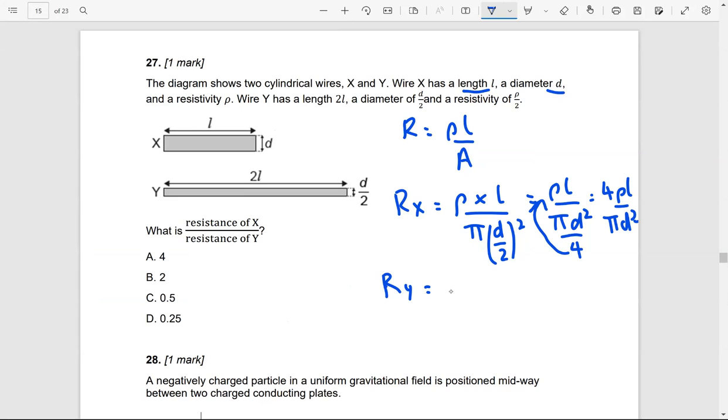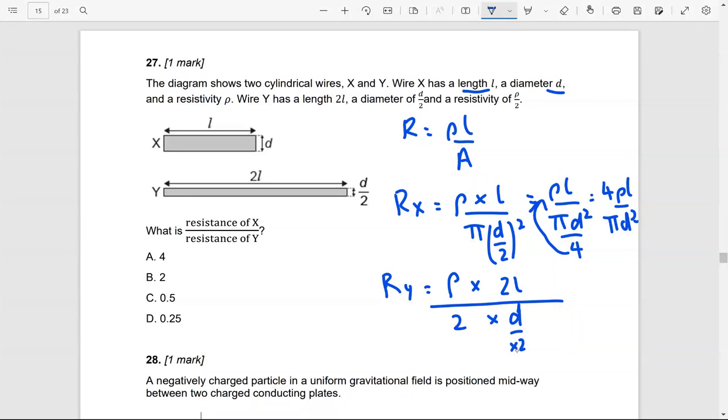And we've got resistivity, so it's rho L over A again. Resistivity over 2 times by 2L times by d over 2 all squared. So that's going to be d over 2 is the diameter.